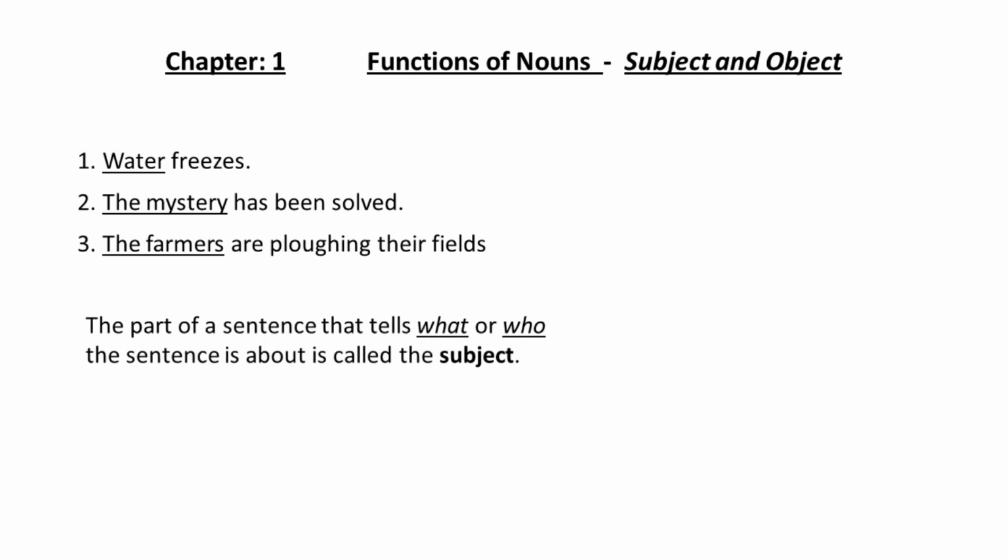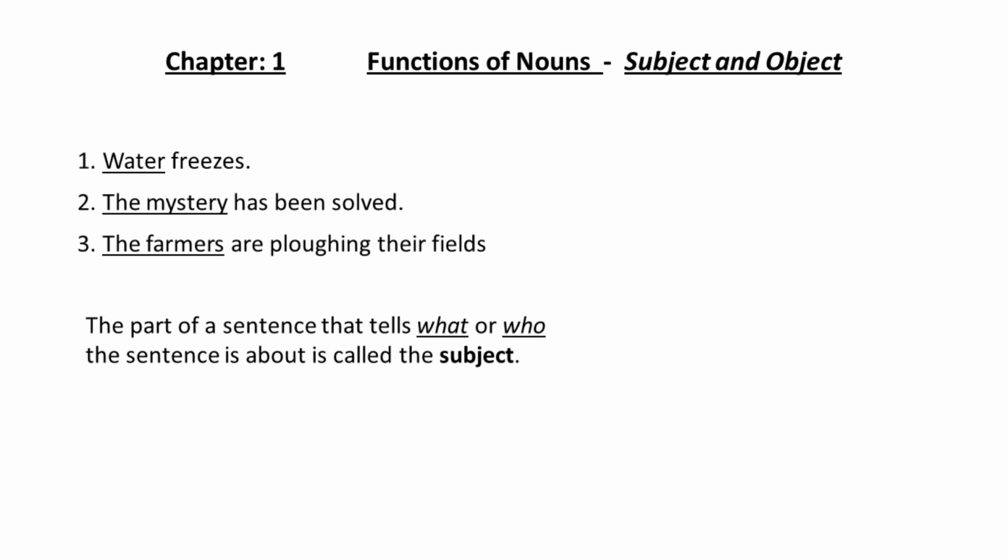So, the part of a sentence that tells what or who the sentence is about is called the subject. Let us read it once again. The part of a sentence that tells what or who the sentence is about is called the subject. In the examples given above, sentence 1 tells us what freezes, water.